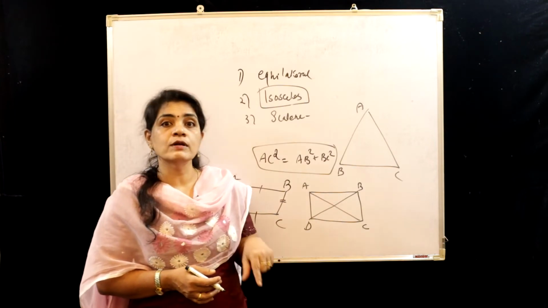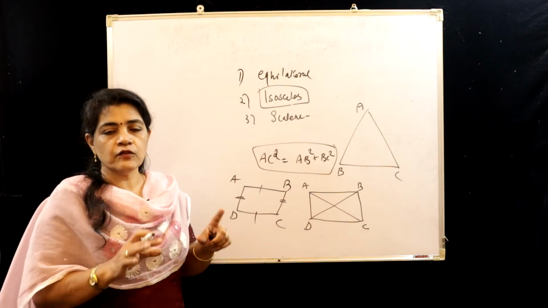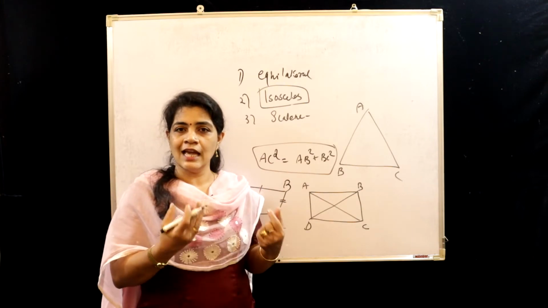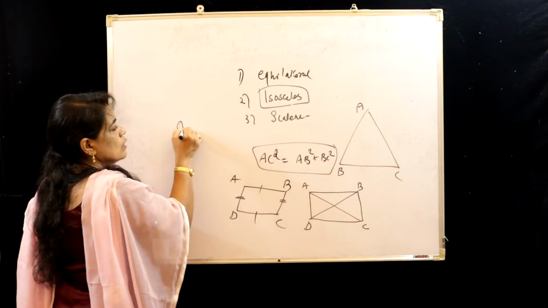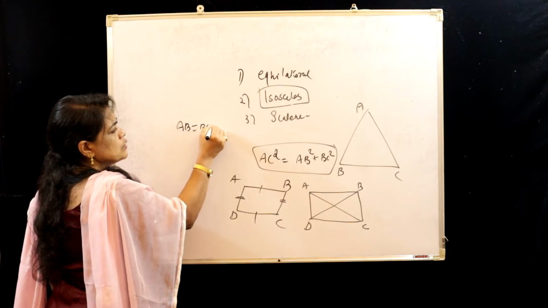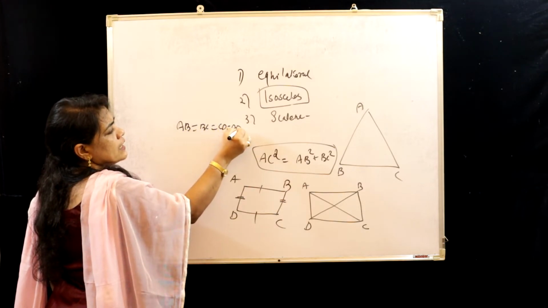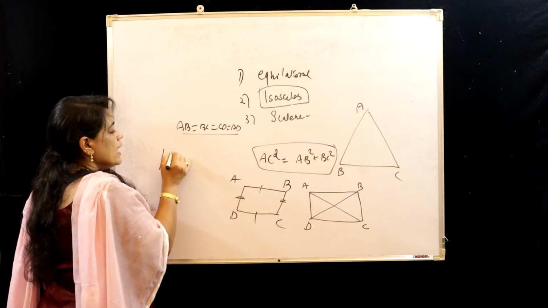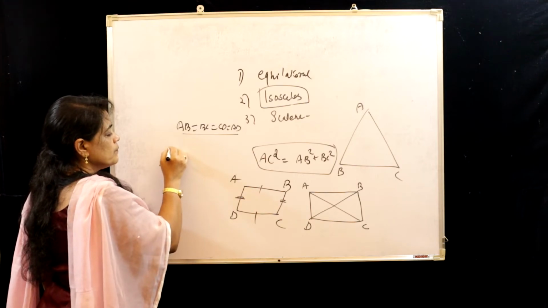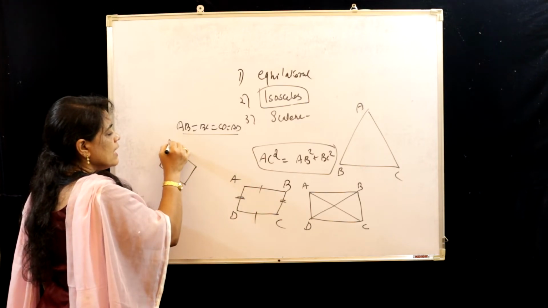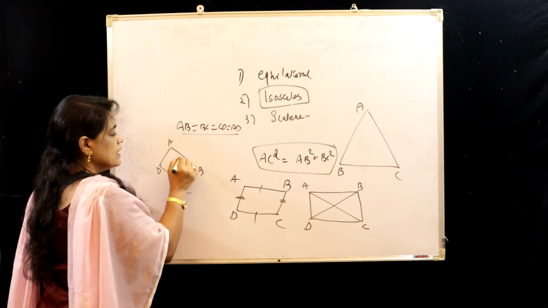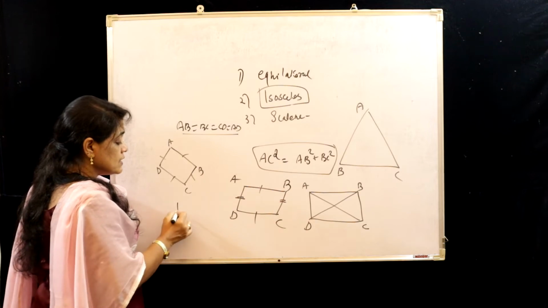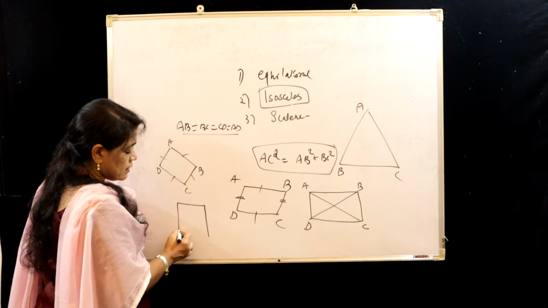In the same way, rhombus and square. After using the distance formula, if you see that all four sides are equal, that is AB equal to BC equal to CD equal to AD, there are two possibilities. Either it may be a rhombus ABCD, where all four sides are equal, or the second choice is that it may form a square.